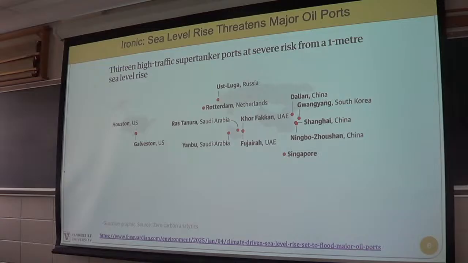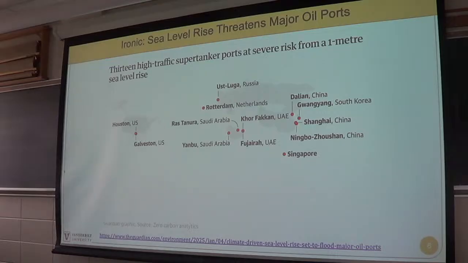And it's kind of ironic. I saw this article last month. I went to give a talk at King Abdullah University of Science and Technology. It's in Saudi Arabia, and they are, as you know, a completely oil-based economy. And they were saying how it's ironic that most of these ports all around the world, which serve as major oil ports, are under severe risk from 1 meter sea level rise.